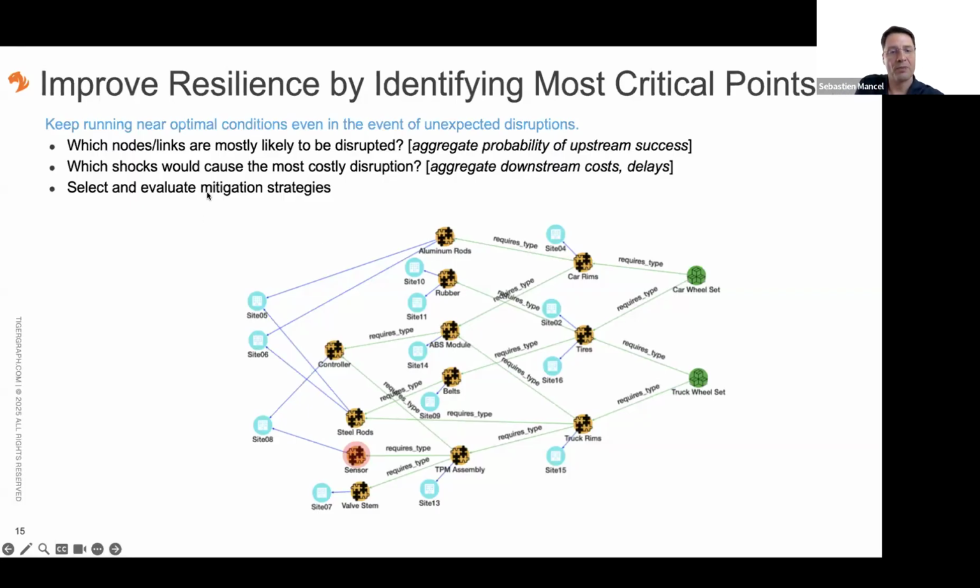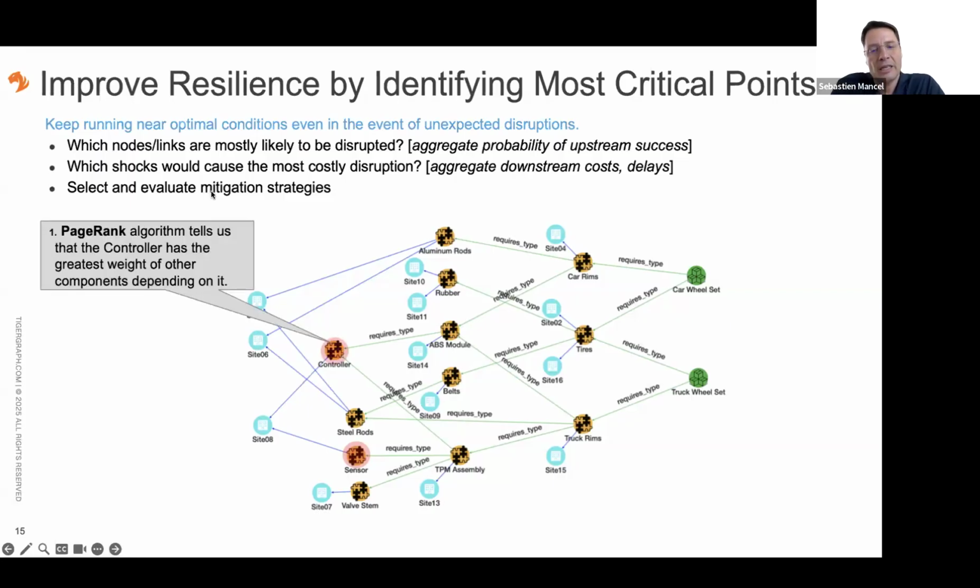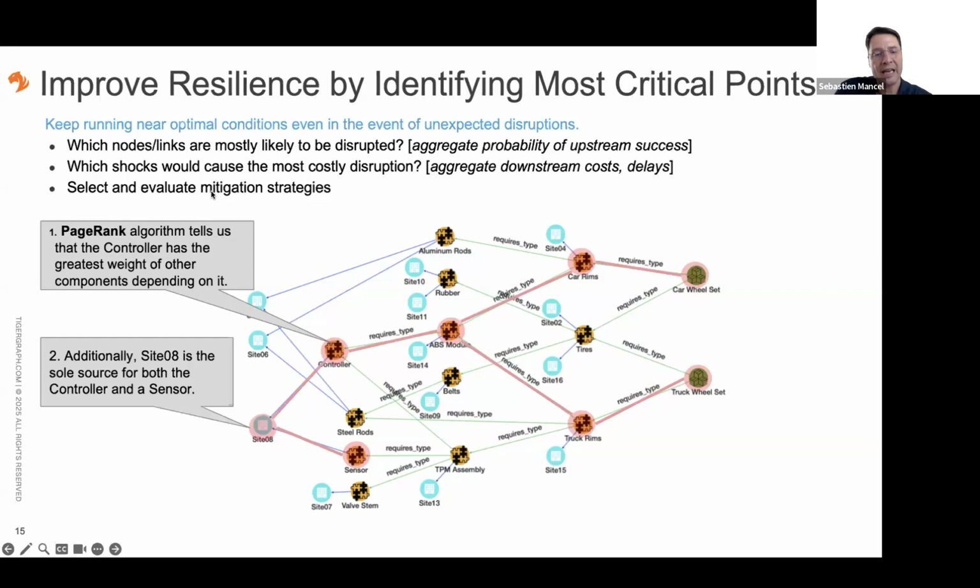So in this example, running the PageRank algorithm, there we go. We see that the controller node has the highest influence, meaning that many components depend on it. A failure here could have widespread downstream effects. And additionally, Site 8 is identified as a sole source for both the controller and a sensor, making it a vulnerability from a supply chain perspective.